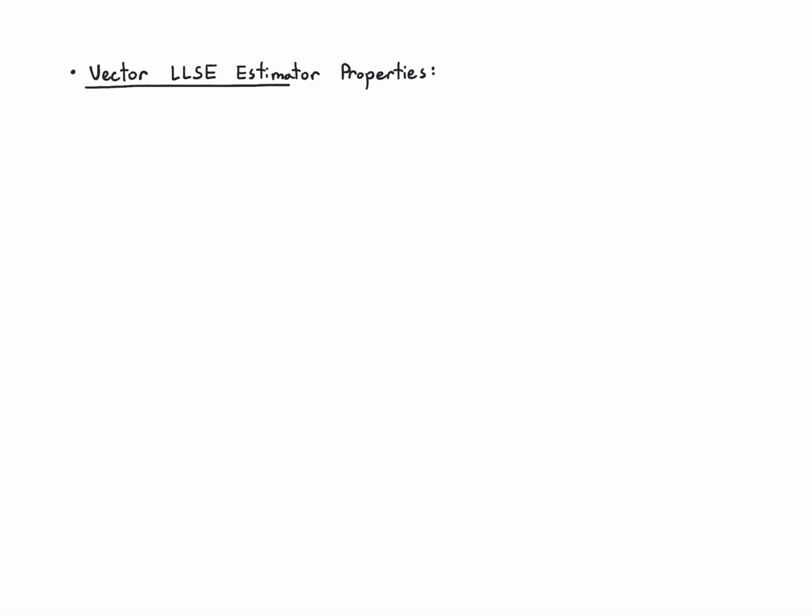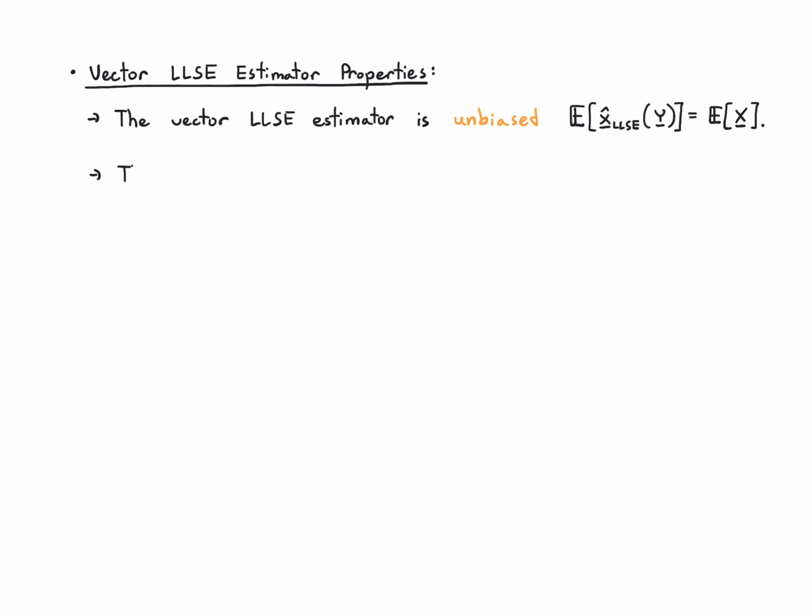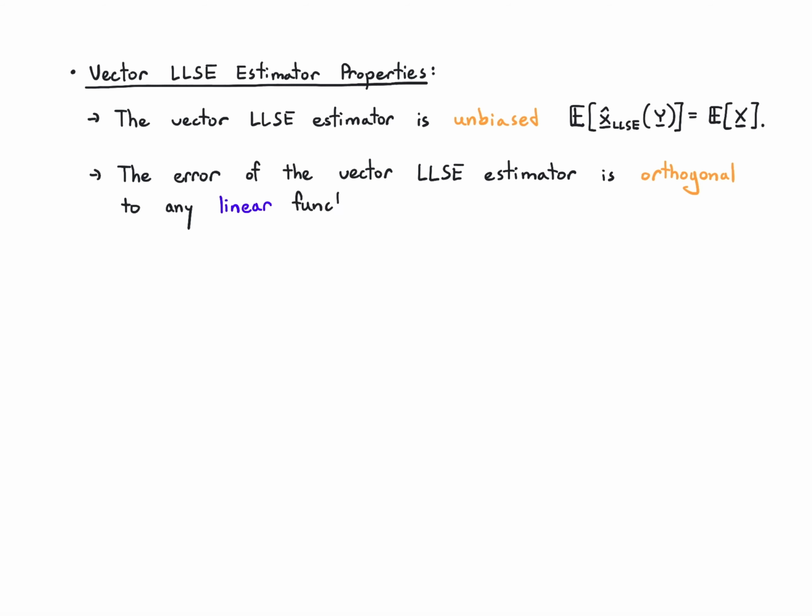The first one is that the vector LLSE estimator is actually unbiased. So if I take its mean, I get the mean vector of x. I also have that the error of the vector LLSE estimator is going to be orthogonal to any linear function of the observation.